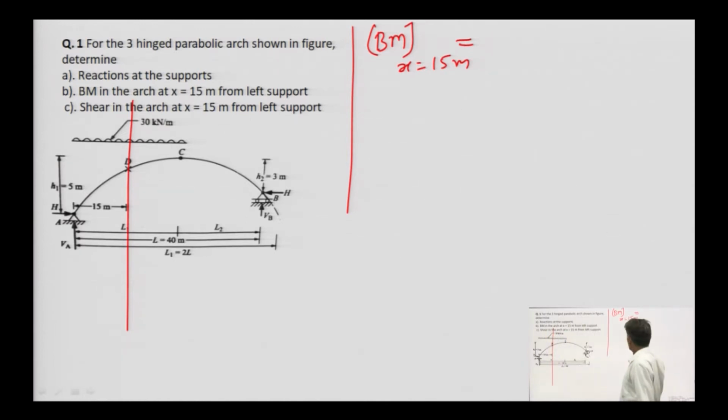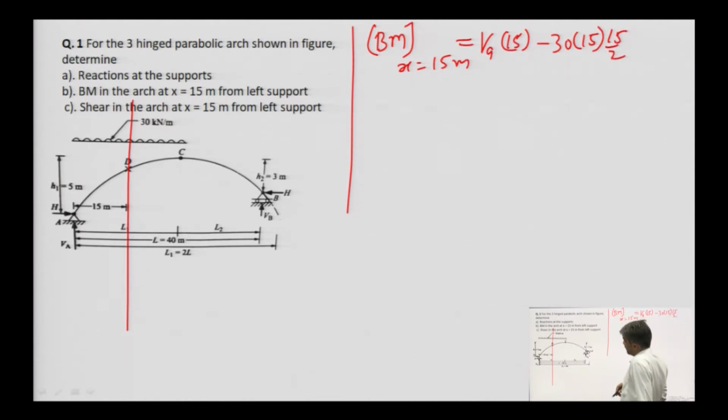So, it is Va into 15, Va we have calculated, minus UDL 30 into 15 by 2.